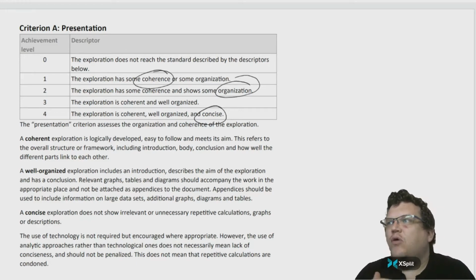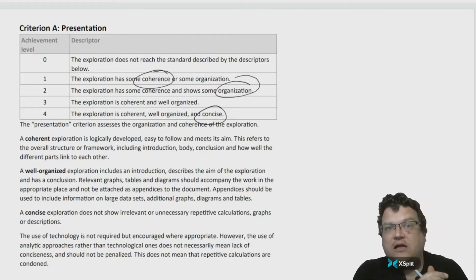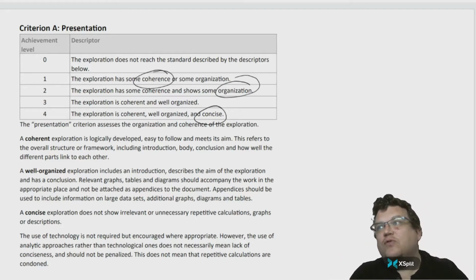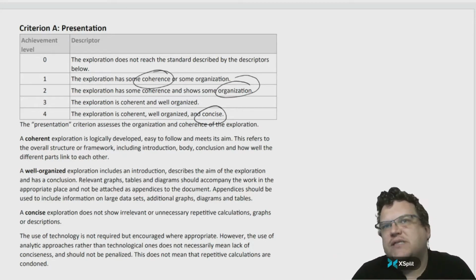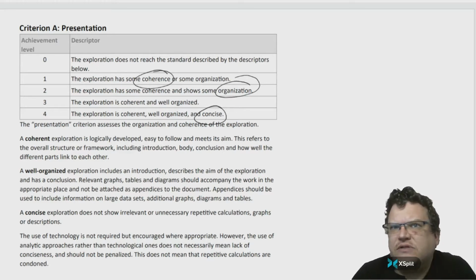So we've got an aim saying what we're going to try and achieve. And we've got a rationale that tells us about why we're doing this. And we've also got a conclusion at the end which refers back to the aim and rationale. So that's what the coherence is, right? You shouldn't have one aim, do some maths, and then conclude about something completely different, right?